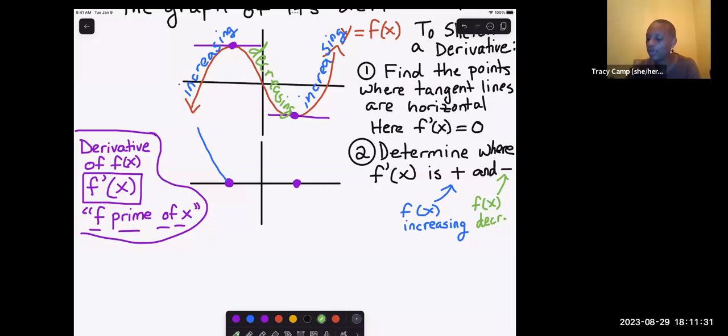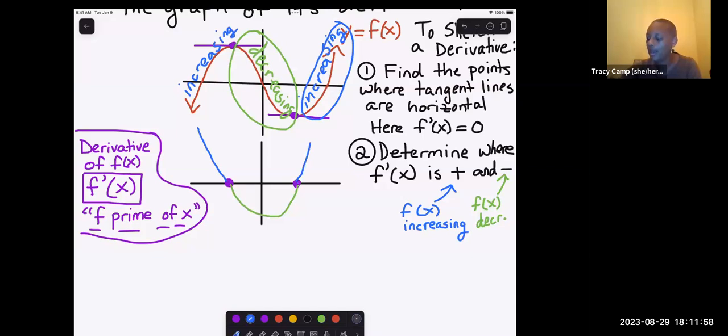So between these 2 points, I need my derivative to be below the x-axis. I know it has to come up at some point because it has to hit that other purple point. And then after that, my graph is increasing, which means my derivative is positive.